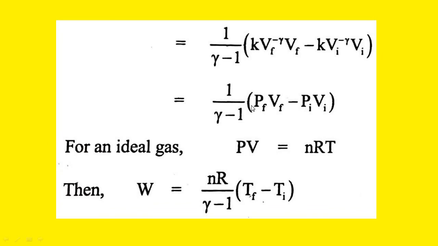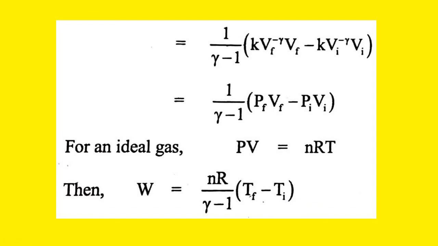And for any ideal gas, we have PV equal to nRT. So you can substitute this as nRTf and this as nRTi. Taking nR outside, you can write W as nR by gamma minus 1 into Tf minus Ti.